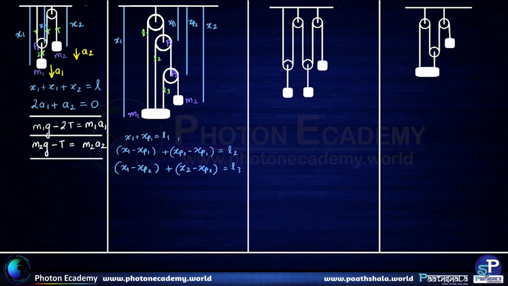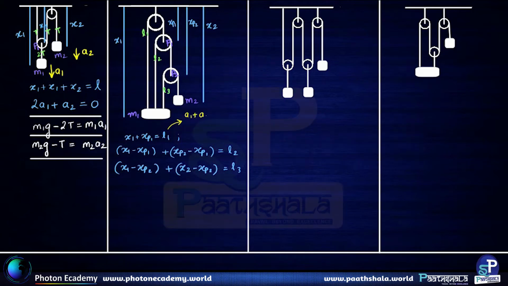So on differentiating these equations, from the first equation, double differentiating, we get a1 plus ap1 equal to 0.